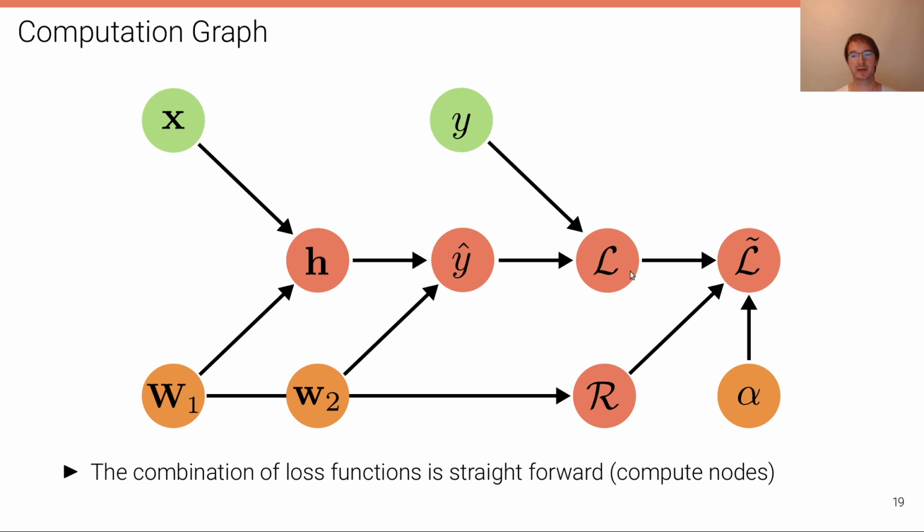So in this case, we have the unregularized objective or loss function L, and we have the regularizer that depends on both these parameters, W1 and W2. And then we have the total loss function, which is simply the weighted combination of these two, where I have used this orange symbol here for indicating the hyperparameter alpha.